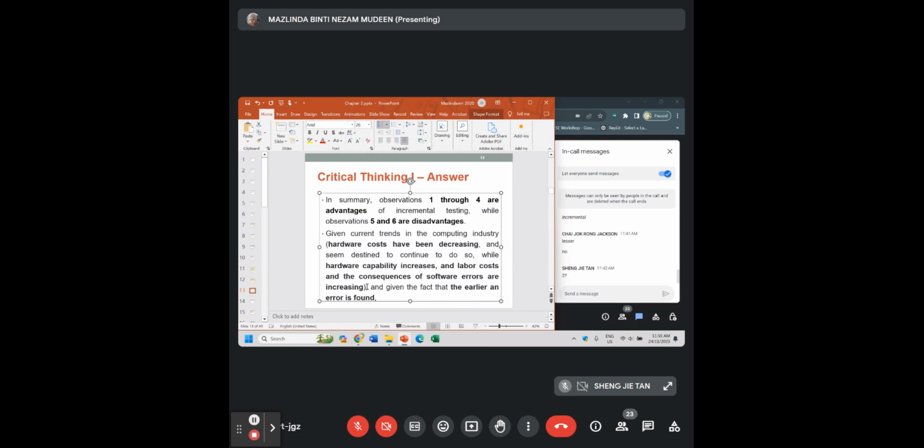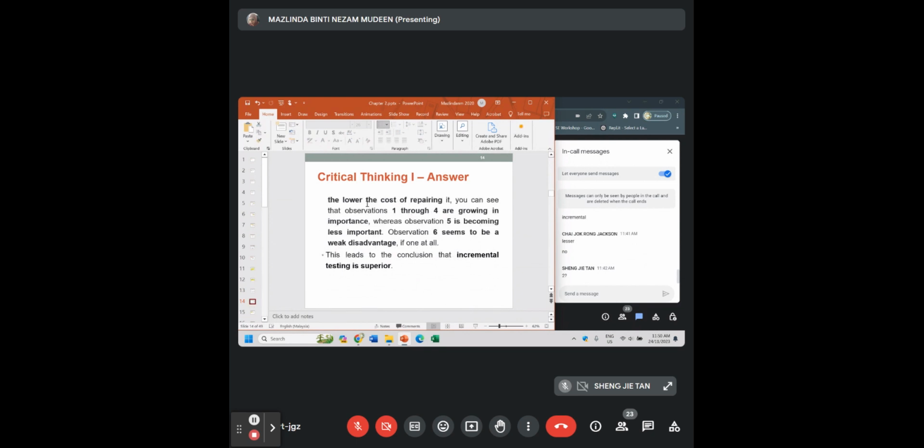When we are able to identify errors and defects earlier, it can lower the cost of debugging and repairing. So in that case, points 1 to 4 are growing in importance compared to point 5.